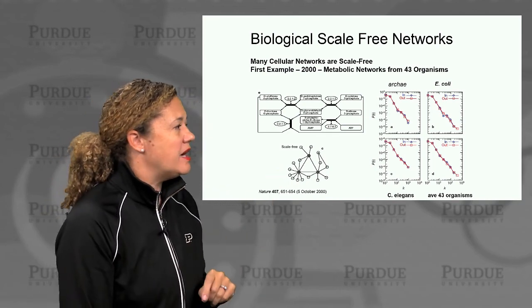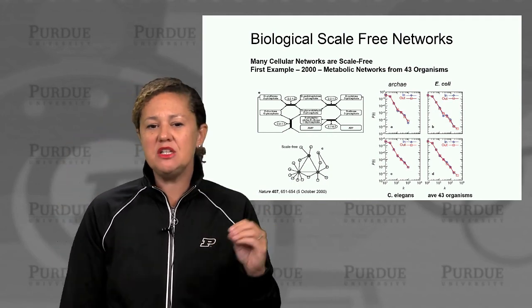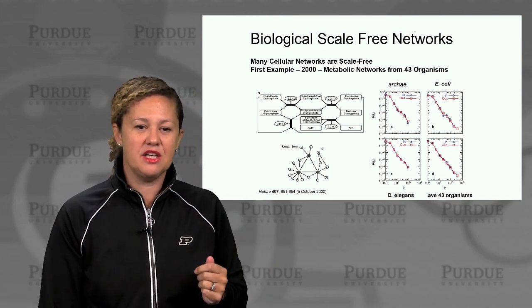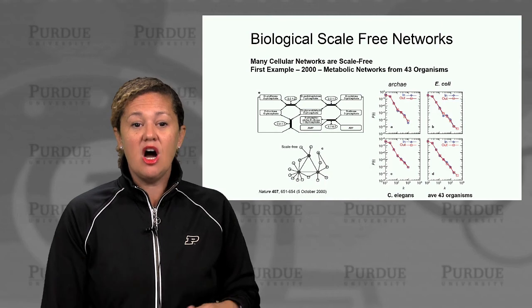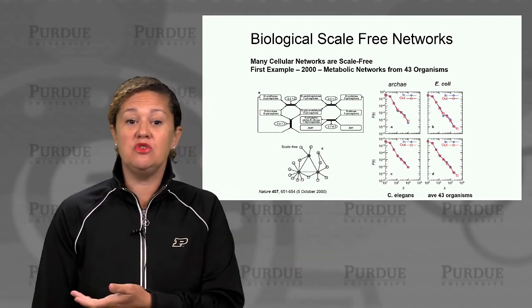What a metabolic network is, just to remind you from our earlier discussion, is each node representing a metabolite and each edge or interaction representing a reaction, often enzymatic, that converts that one metabolite node into another.